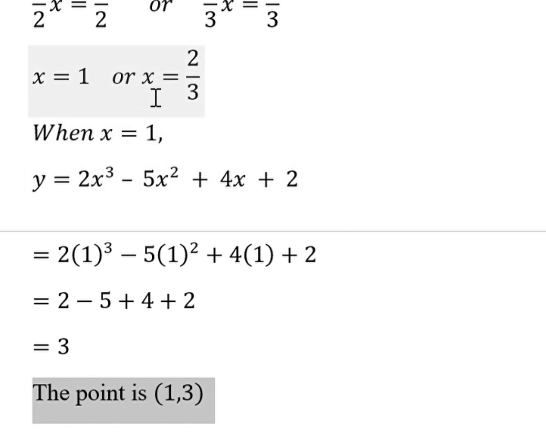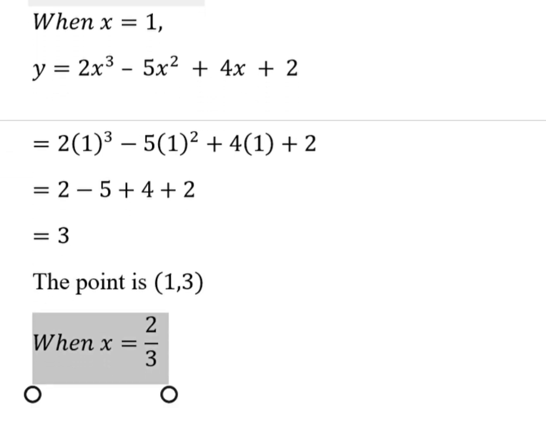Then we come to this one, we also find its corresponding y coordinate. So we shall say when x is 2/3, the y coordinate will be given by the same formula here. So we shall have 2 into (2/3) cubed minus 5 into (2/3) squared plus 4 into 2/3 plus 2.